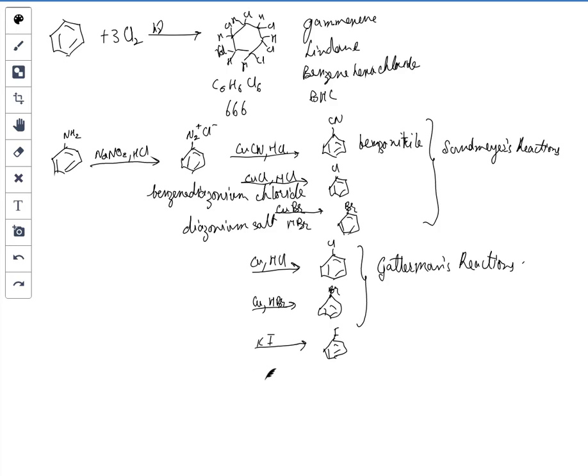Okay. Now, there is a very specific reaction. We take aniline. This aniline is made to react with NaNO2 in presence of HCl, wherein it gives the benzene diazonium ion and salt.